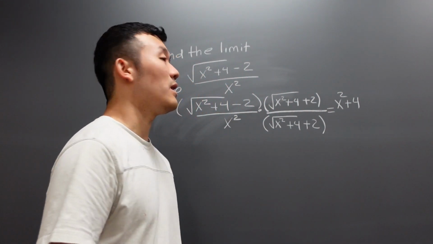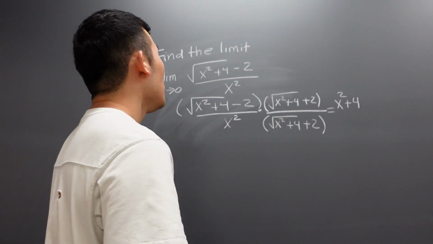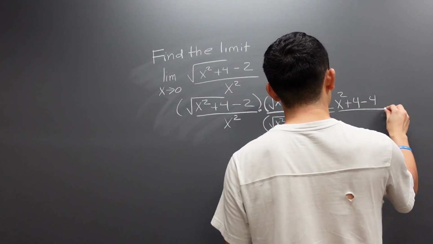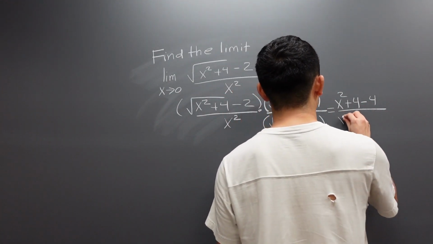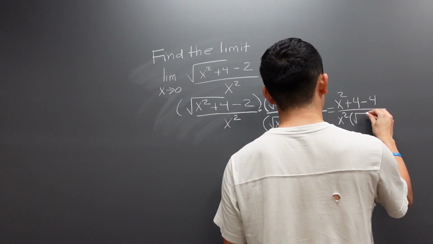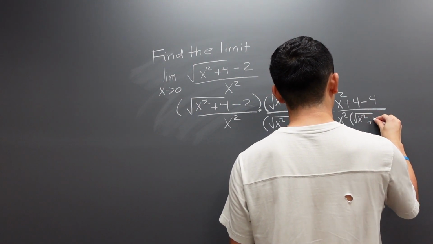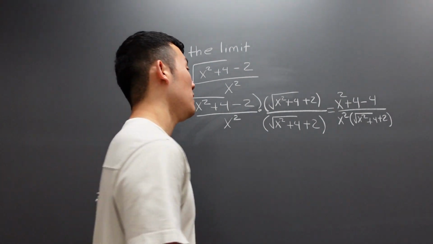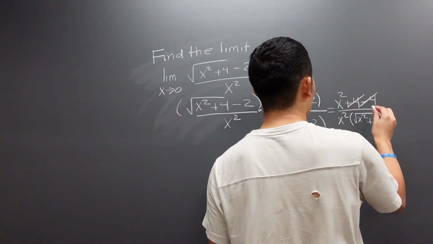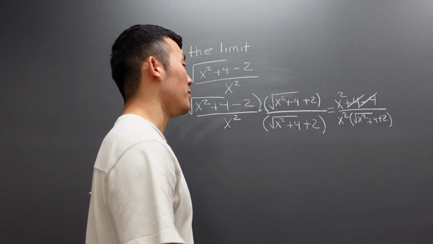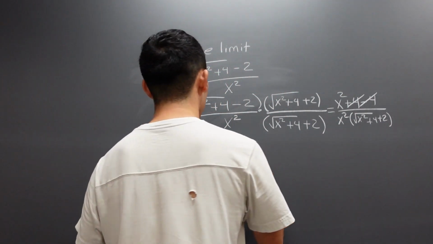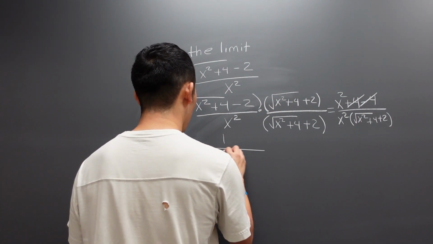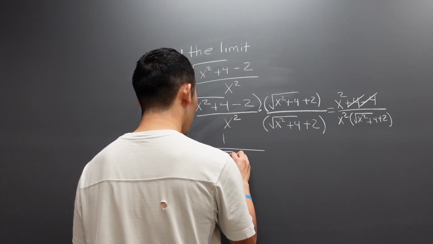Then the outside and the inside products cancel, and negative 2 times 2 is negative 4. And on the bottom we have x squared times the square root of x squared plus 4 plus 2. And we can see that the 4's will cancel, and the x squares will also divide out as well. Let me simplify this. It would be 1 over the square root of x squared plus 4 plus 2.